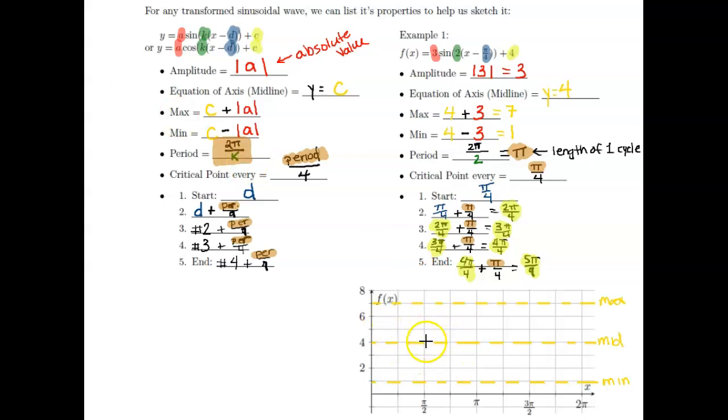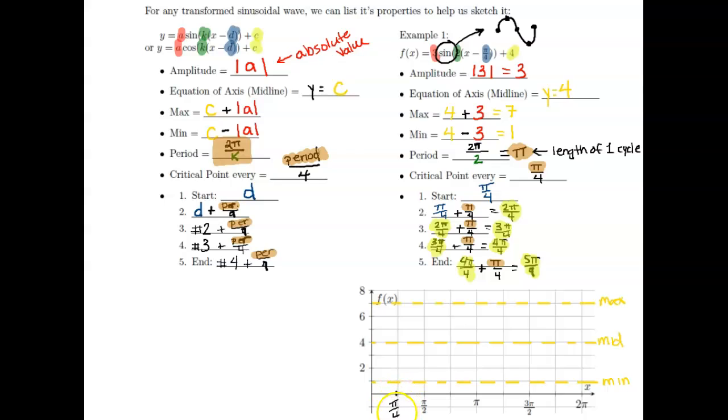So where am I going to be starting? Well, let's look back to see what function we're working with. We're working with sine, and sine looks like this. So my first critical point will be at my midline, and then my max, and then my midline, my min, and back to my midline. So that tells me where I have to be for this. So my first critical point is at pi over 4. Well, pi over 4 is right here.